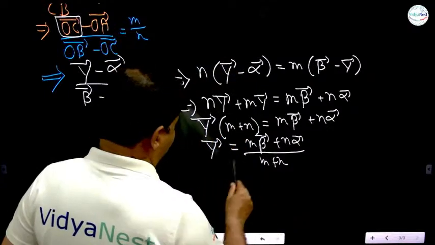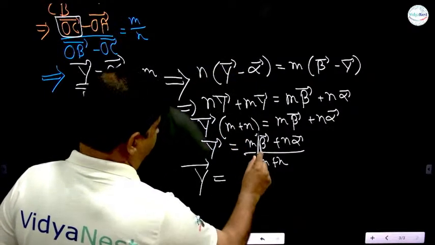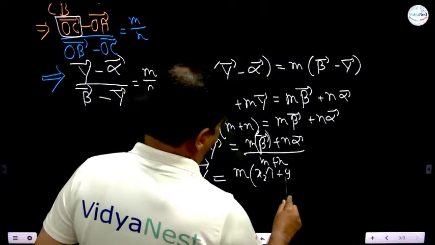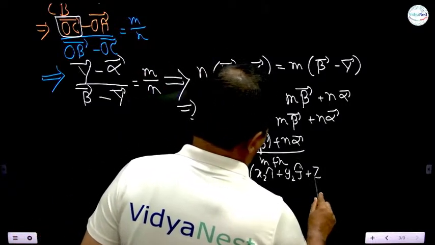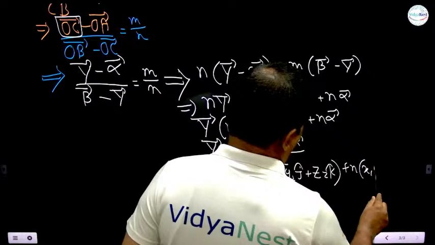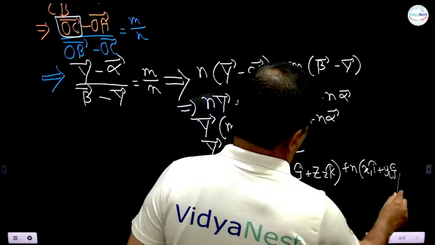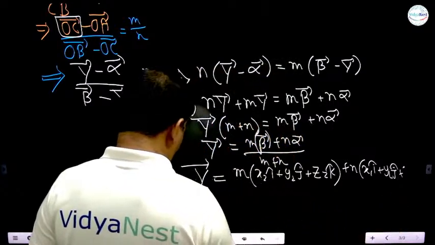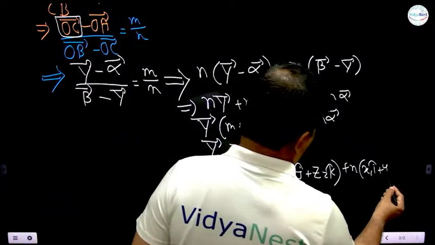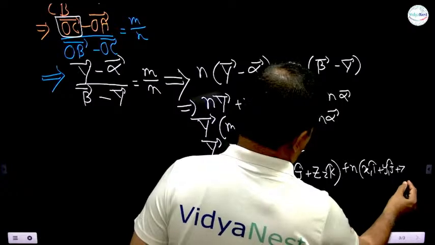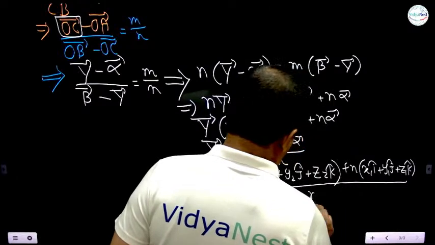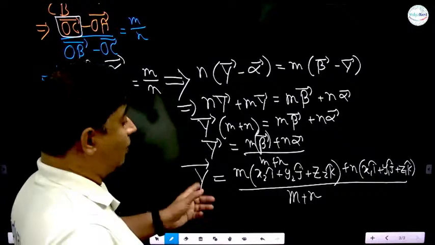So instead of beta, I can write m times x2 i, y2 j, z2 k plus n times x1 i, y1 j, z1 k, over m plus n. Now you separate ijk.